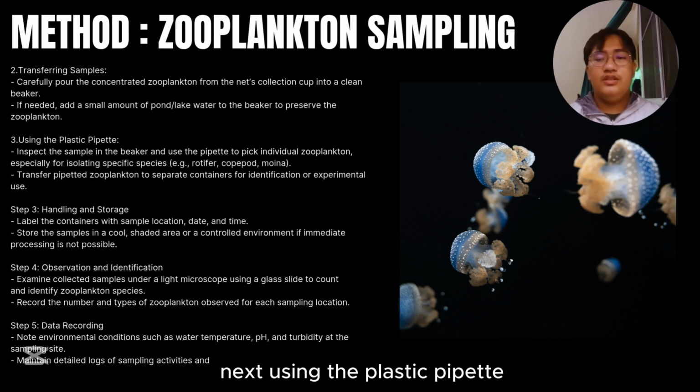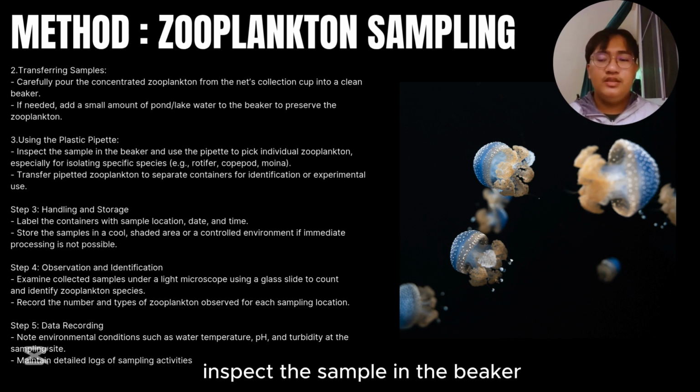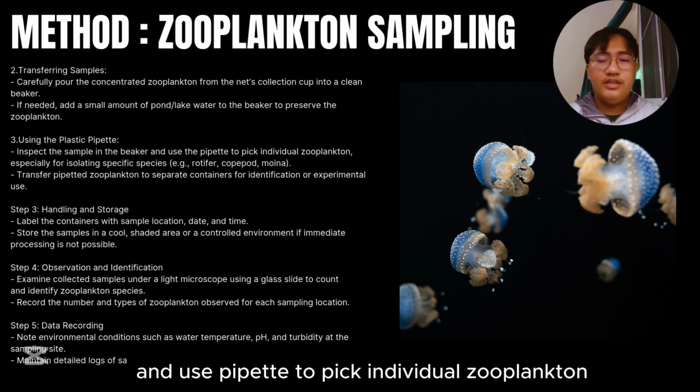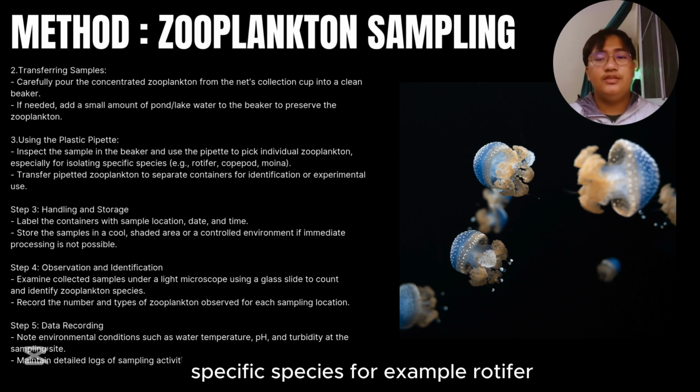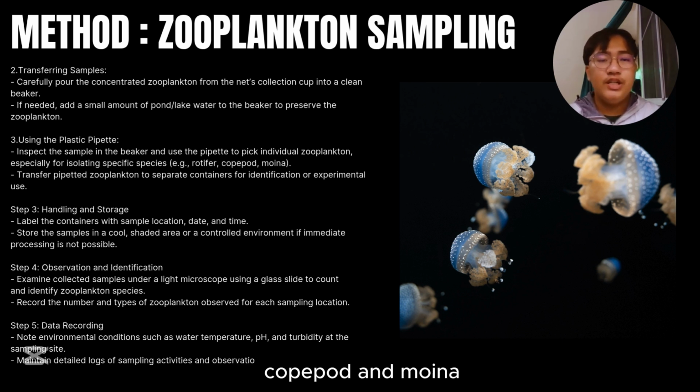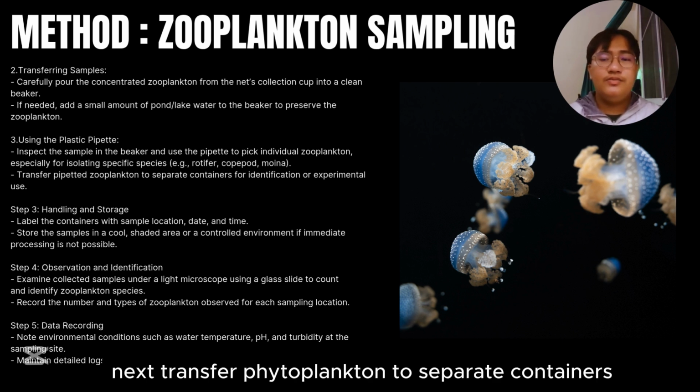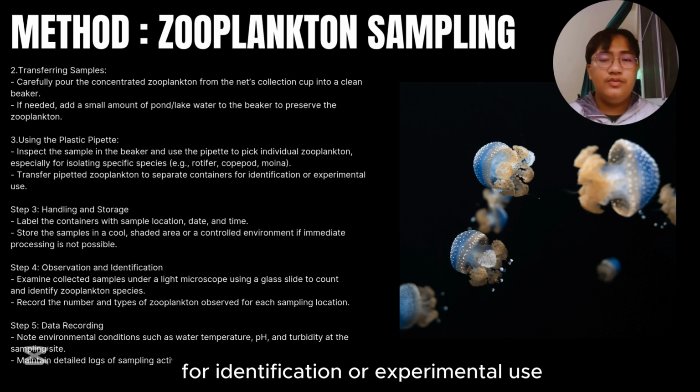Next, using the plastic pipette, inspect the sample in the beaker and pick individual zooplankton, especially for isolating specific species, for example rotifer, copepod, and Moina. Next, transfer the pipetted zooplankton to separate containers for identification or experimental use.